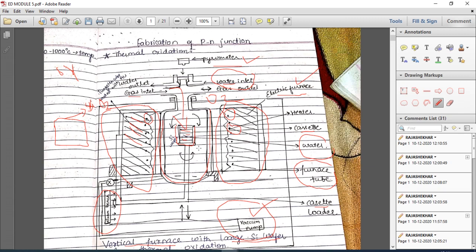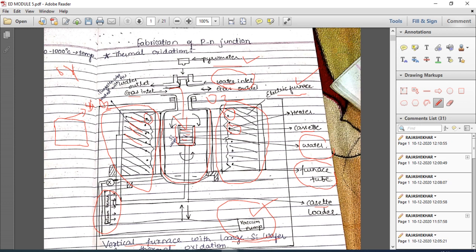Next, the water present around the cassette is to maintain a particular temperature. Then the clean bench removes the unwanted material present inside the furnace tube. The vacuum pump controls the vacuum created in the furnace. Then you either send gas or send water to perform oxidation.